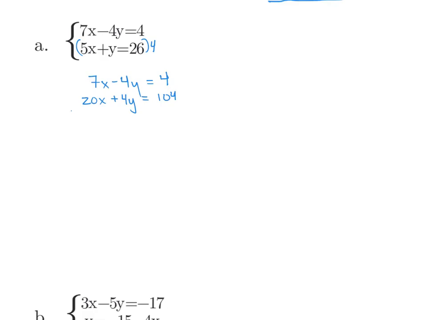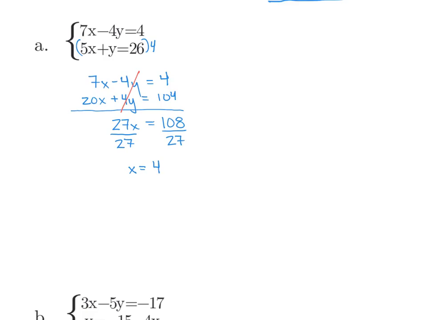All right, so elimination method, what we do is we're going to add straight down. We get 27x. My y's cancel, and we get 108. If we divide by 27 now, I get x equals 4.